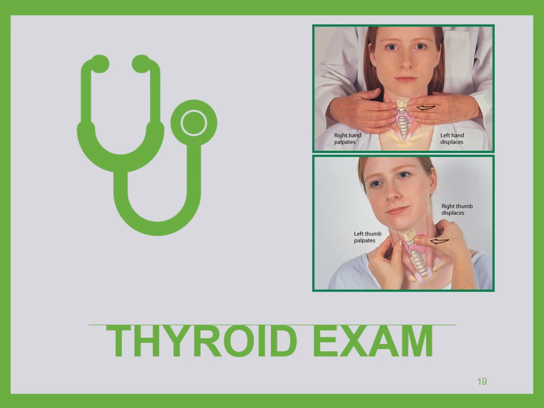You want to use the bell of your stethoscope to auscultate the thyroid and the carotid arteries for bruits. And remember, a bruit is kind of a soft whoosh, whoosh, whoosh sound that you hear every time there's a pulse. And since it is a low sound, it's best heard with the bell.